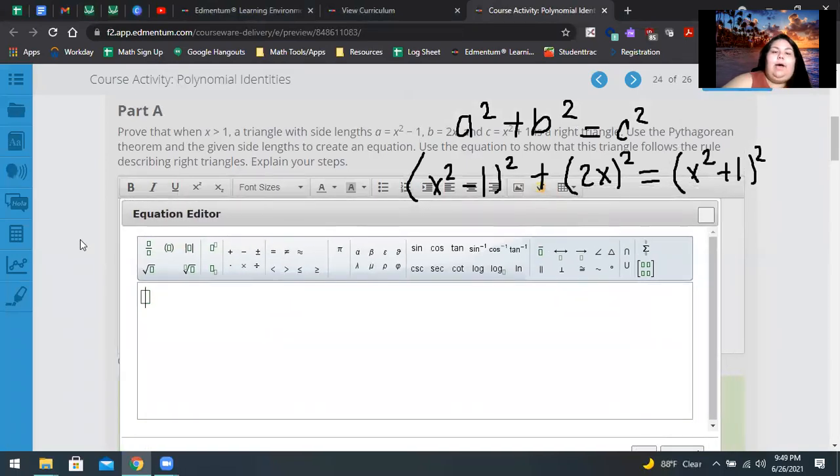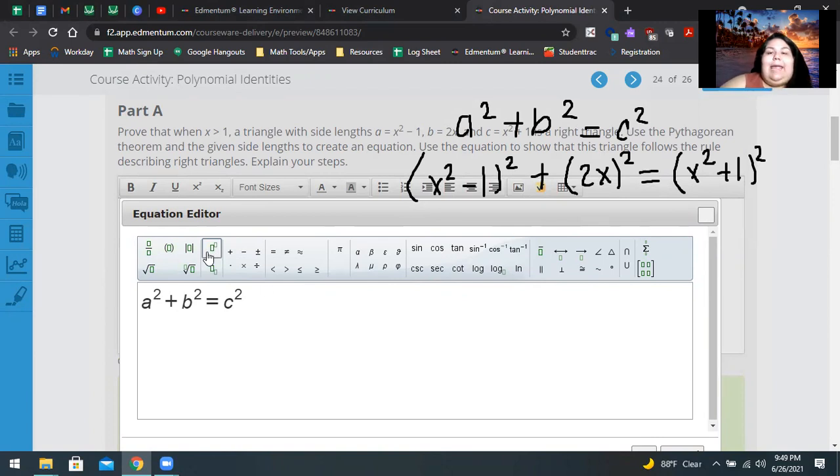Again, we're starting with a, and use those power buttons. From the fourth button from the left, you'll type in a squared plus b, click on that to write your 2 power, bring the cursor down, equal to c squared. What happens if you don't bring the cursor down? It stays up as a power.